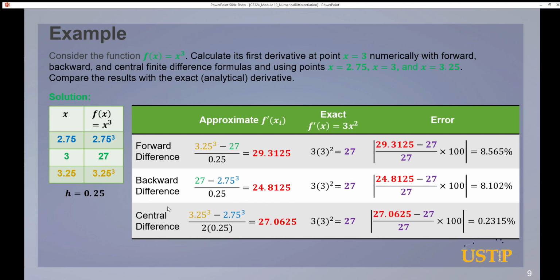What does this mean? The more closely spaced our data, the more accurate the result. That is the analysis here. But it's not always the case when you measure things. Like velocity, when you calculate acceleration, you're dealing with velocity against time.